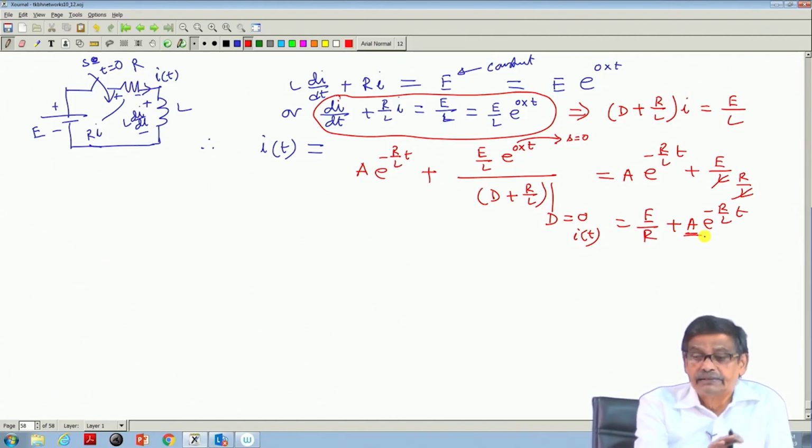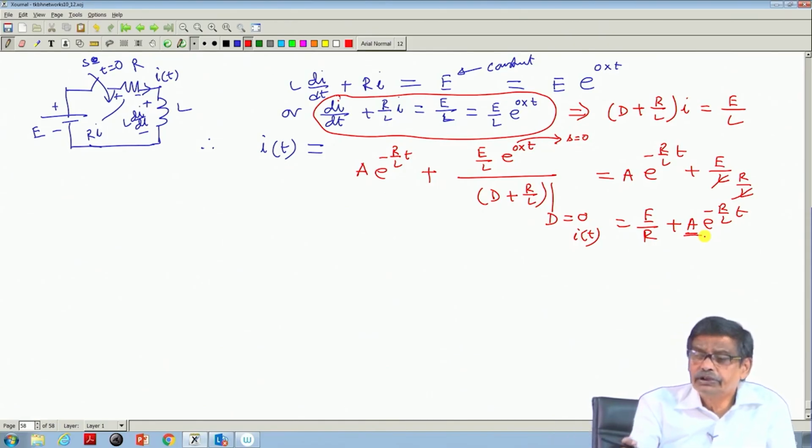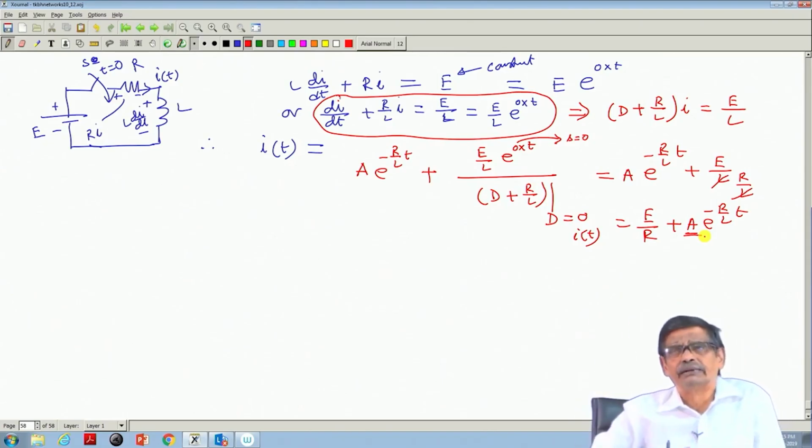If an excitation is given, and if that excitation can be expressed exponentially as a sum of two or more signals, then the solution due to the forcing function, where those k 1, k 2, k 3 were involved, in that sense your labor is reduced to a great extent.